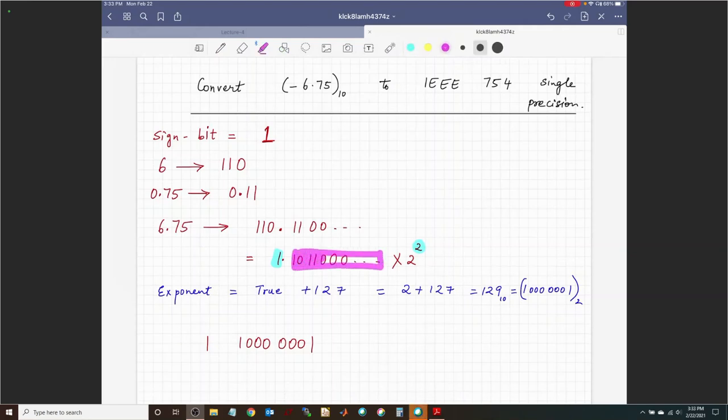And I've got 23 of them: 1, 0, 1, 1, 0, 0, 0, 23 of them. So this one is 1, this one is 8, this one is 23. That's how you would represent negative 6.75 in 32-bit single precision format.